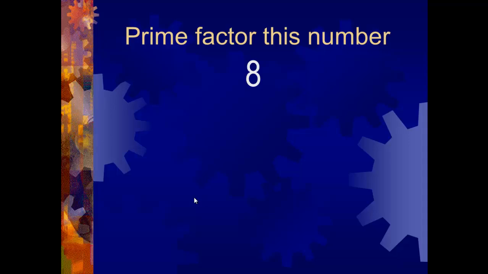8. 2 by 4. We will write 2 by 4. 2 is a prime? Yes. 4 is a prime? No. Again, do you remember the prime numbers? 2, 3, 5, 7, 11, 13, 17, 19, and so on.